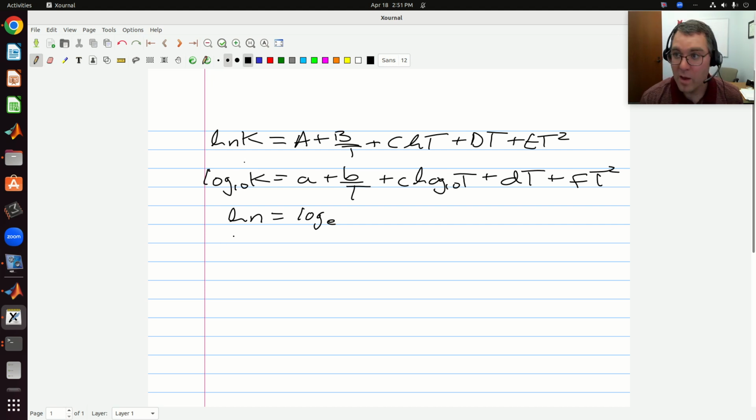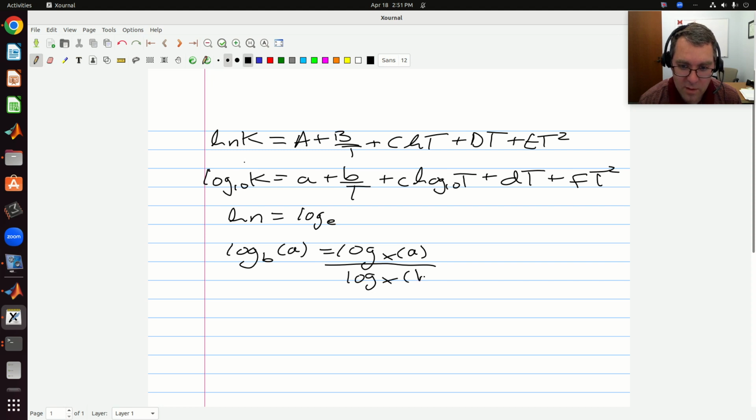How I approach this is I've often gone to Purple Math. Purple Math provides an expression for converting the base in our log expressions. The relevant equation is log base b of a is equal to log base x of a divided by log base x of b.